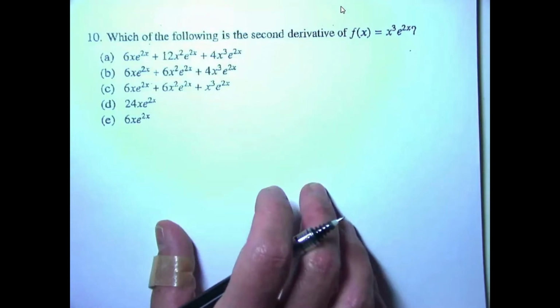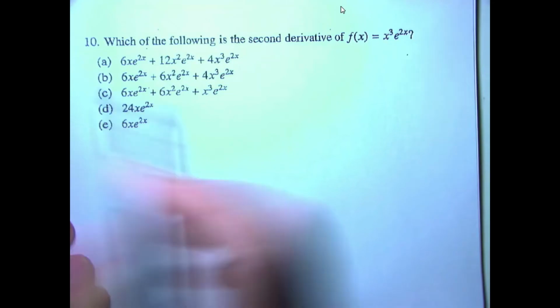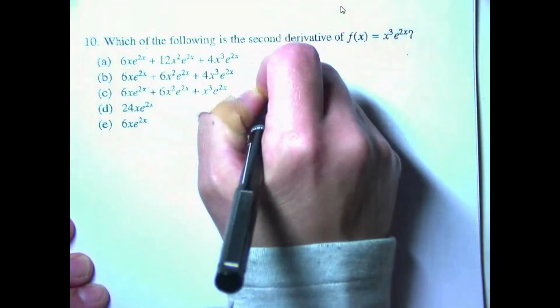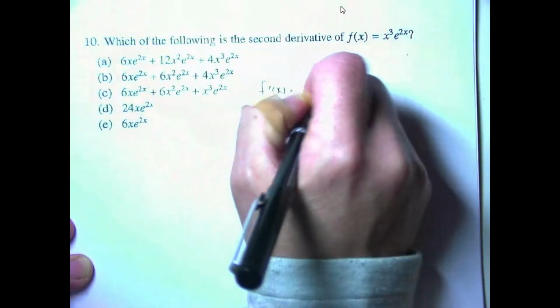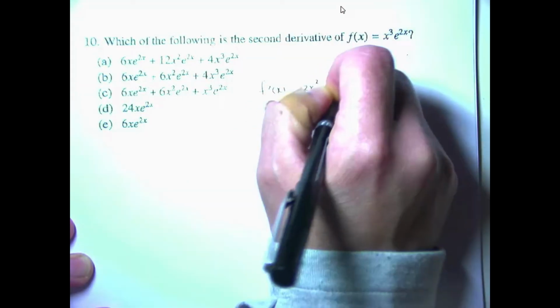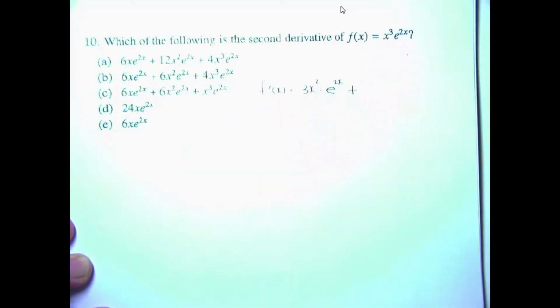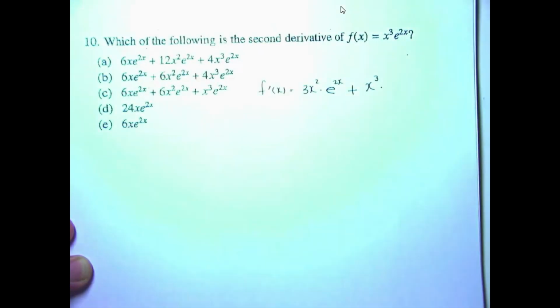All right, problem number 10 says, which of the following is the second derivative of the function x cubed times e to the 2x? Again, we're going to have to use both the product rule and the chain rule. Here we go. So the first derivative, f prime of x, is equal to, according to the product rule, derivative of the first times the second, e to the 2x, plus the first, x cubed, times derivative of the second.